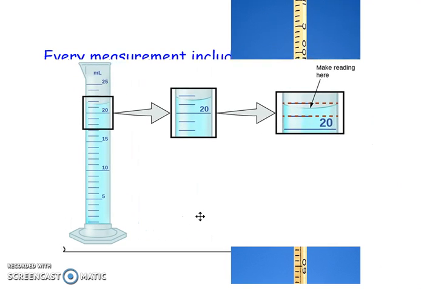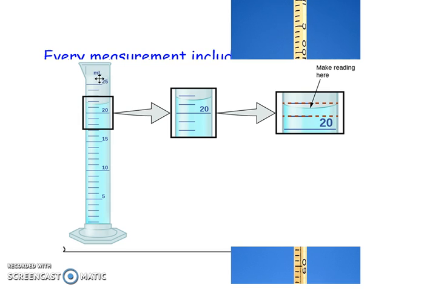When using a graduated cylinder, we need to remember that we measure from the bottom of the meniscus, not the top. So if we look here, over on the big one is where we can see how big those markings are. So we've got 5, 6, 7, 8, 9, 10. Each mark here is worth 1, so we would record this to the tenths place.